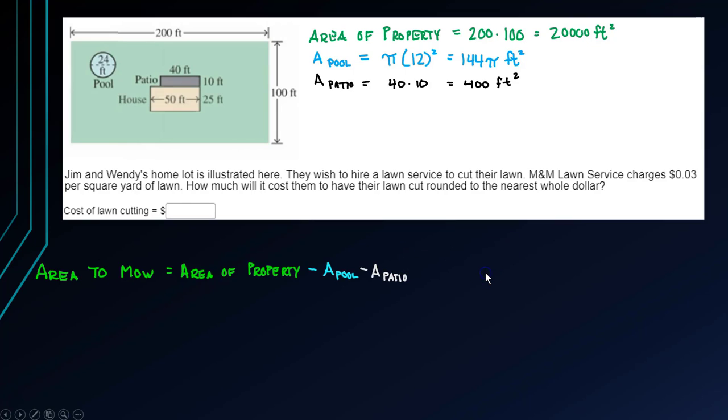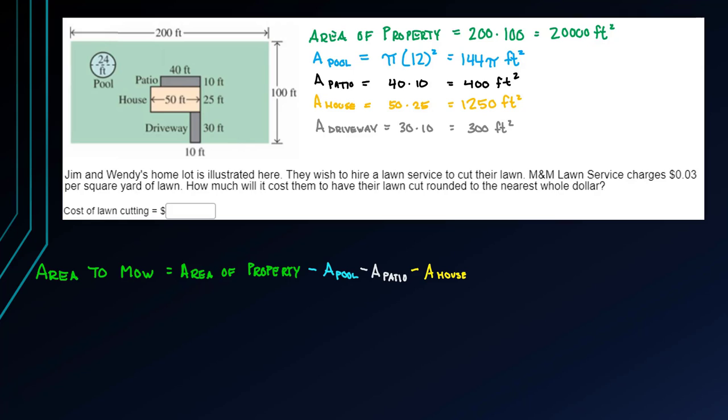The house is a 50 by 25 feet rectangle, which gives an area on the lawn of 1,250 square feet. That has to be subtracted away because I can't mow there either. Same with the driveway. The driveway is 30 by 10, so that's 300 square feet, and I'm going to subtract away that area.